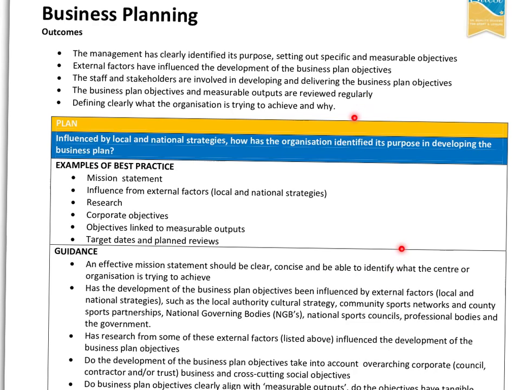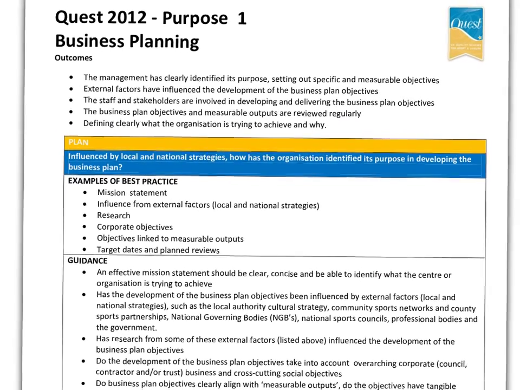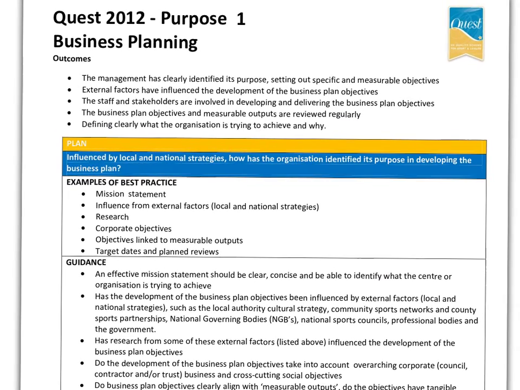This document is laid out in such a way that if you were a Quest assessor going in externally, or an internal assessor, so a manager, general manager, strategic manager, this gives us some clear questions to ask about the business planning processes. Now, we're assessing the mission, vision and value statement.